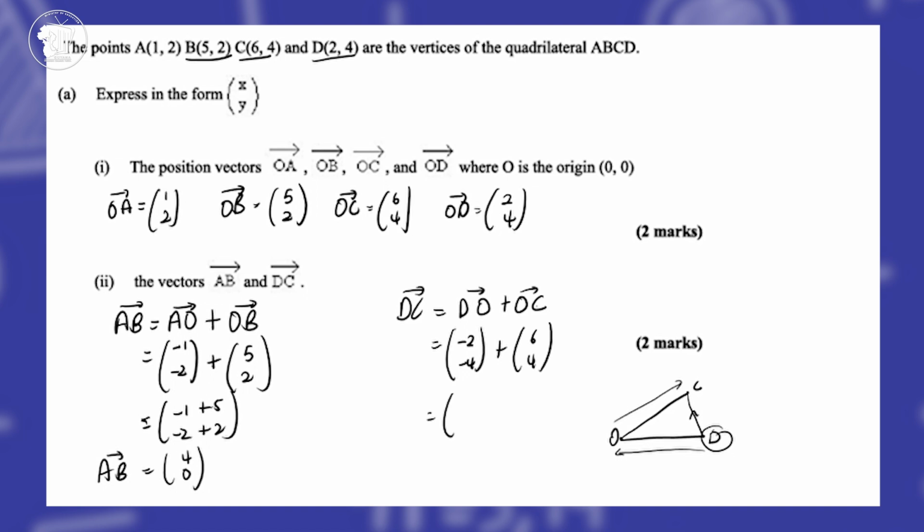So this will be negative 2 plus 6 and negative 4 plus 4. Negative 2 plus 6 is a positive 4, and negative 4 plus 4 is 0. So the vector DC is equal to (4, 0).